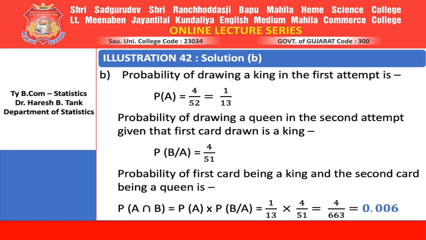So that probability of B where A already occurred becomes 4 by 51. So probability of first card being a king and second card being a queen is probability of A intersection of B, which is probability of A multiplied by probability of B where A already occurred, becomes 1 upon 13 multiplied by 4 by 51. Simplifying it, it comes to 0.006.